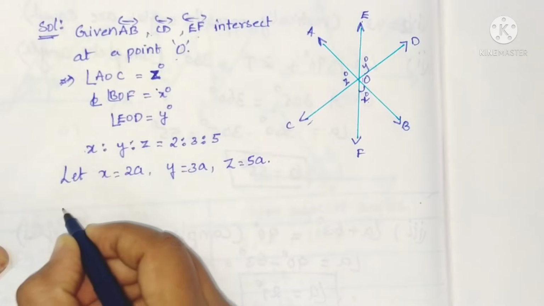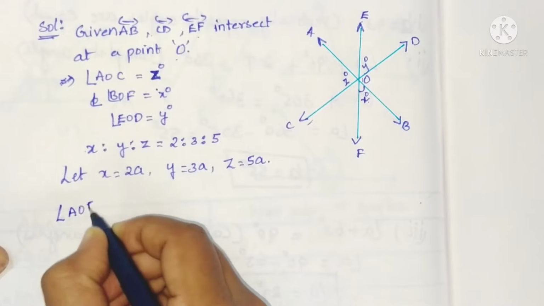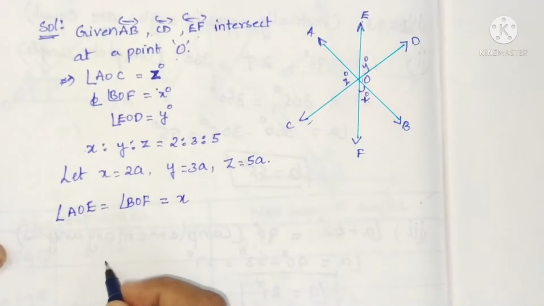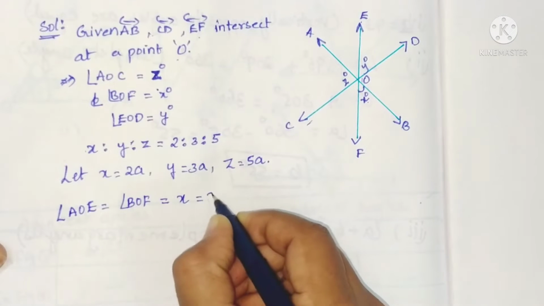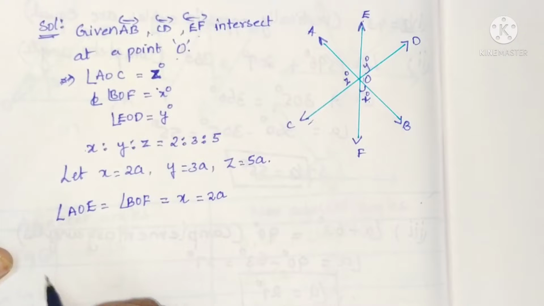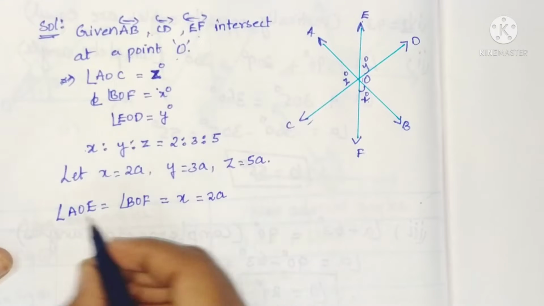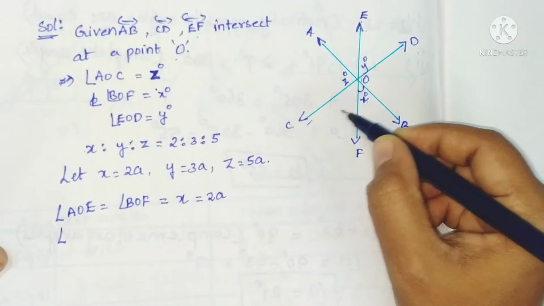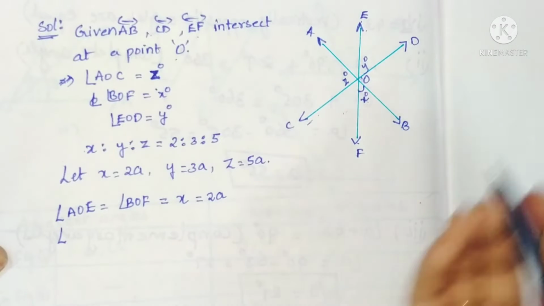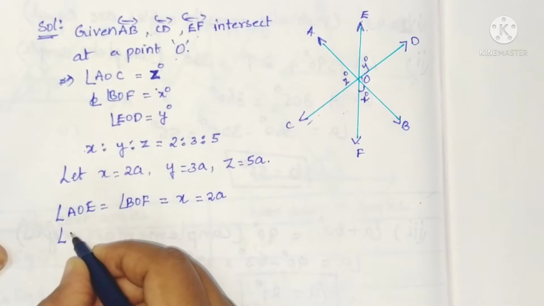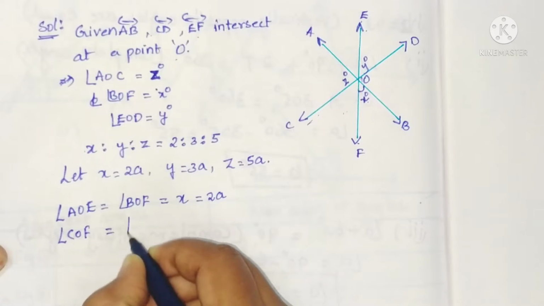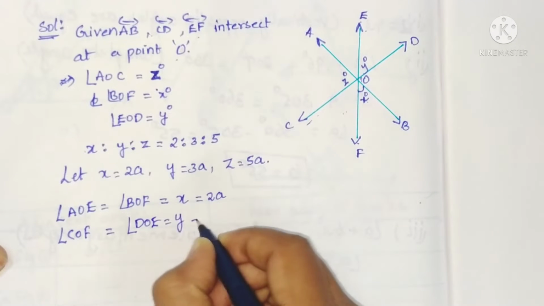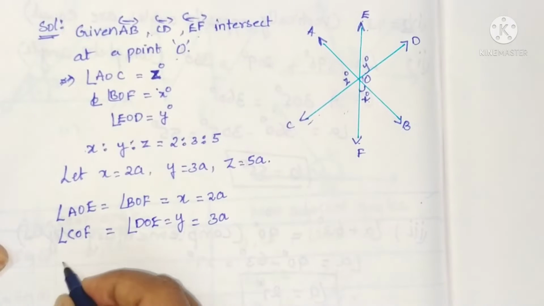Angle AOE and angle BOF both equal x, and x is 2a. Similarly, angle DOE and angle COF are also vertically opposite angles, so angle COF equals angle DOE equals y, which is 3a.